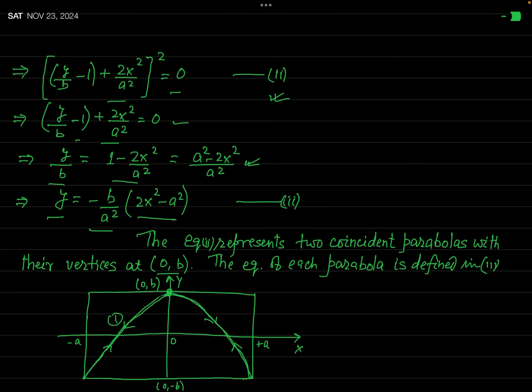The first parabola will be represented by this equation, and the second parabola will also be represented by this equation. So such Lissajous figures are found when phi is equal to pi by 2.